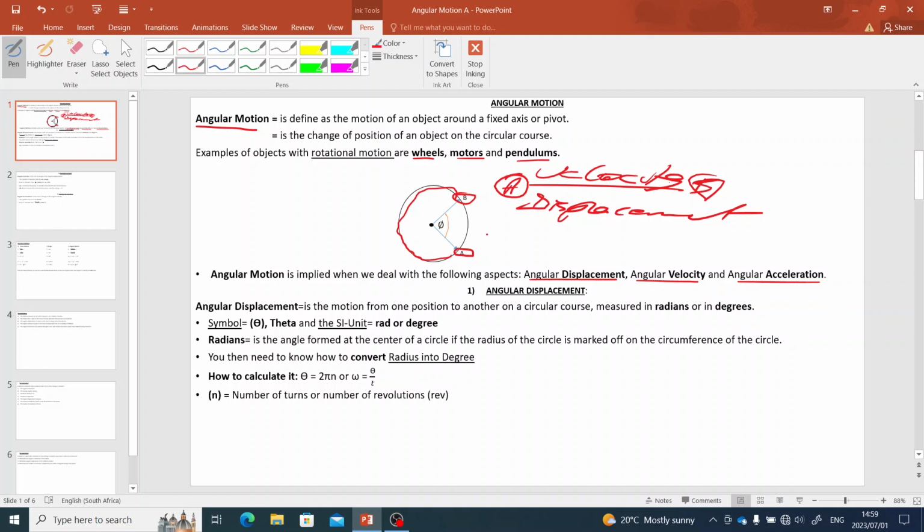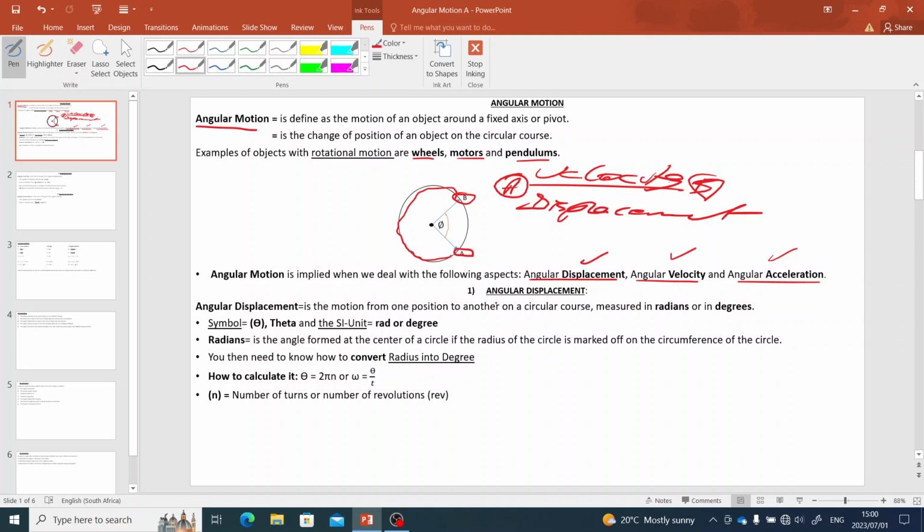As the motion occurs on the circular course, you will cover a certain displacement. That displacement you will travel at a certain velocity. Between point A and point B, you will either accelerate or decelerate. Those are the three aspects that we will be dealing with under angular motion.